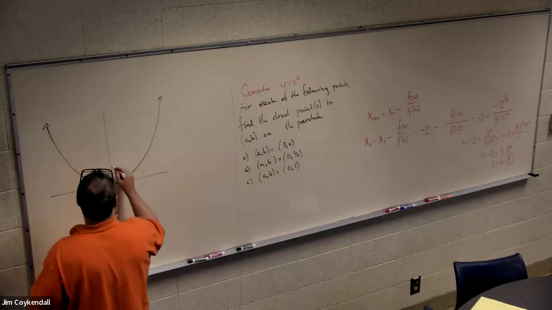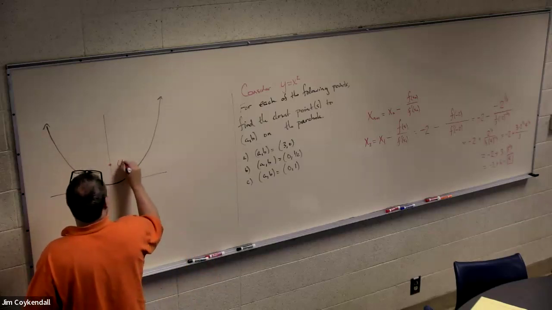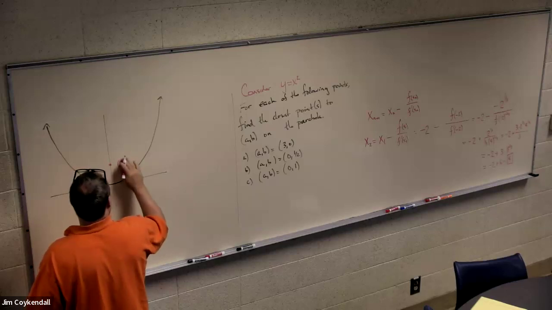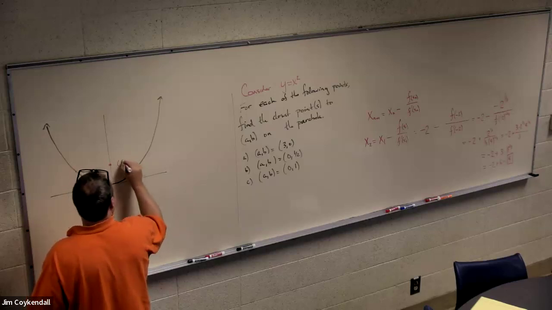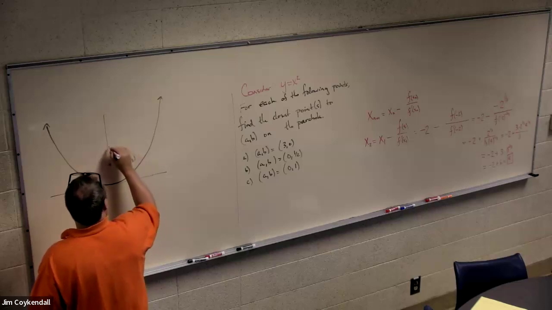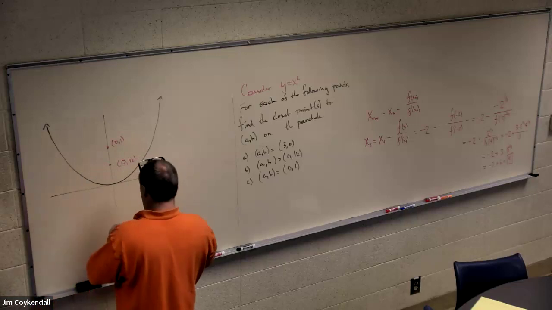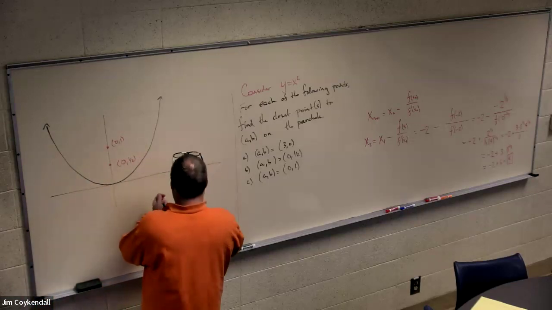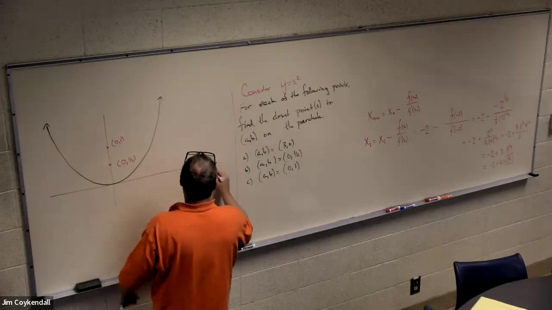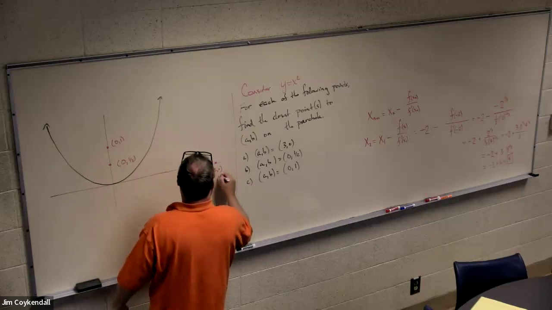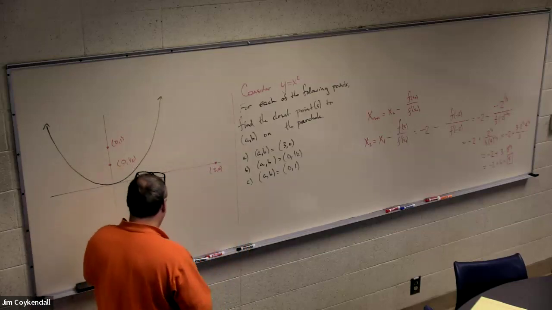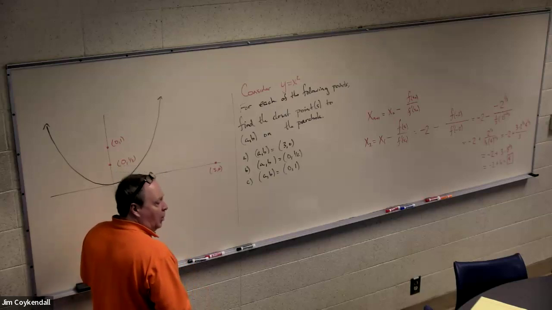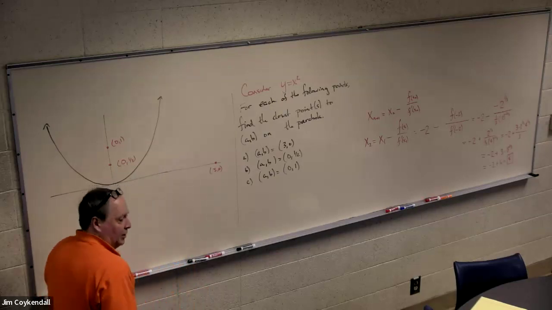I give you (0, 1/2), (0, 1), and down here. And I asked you to find the point or points on the parabola that are closest.